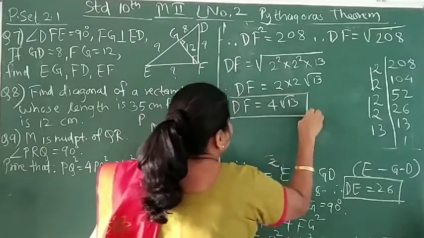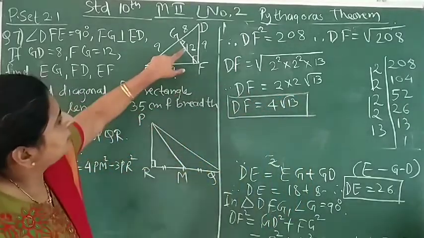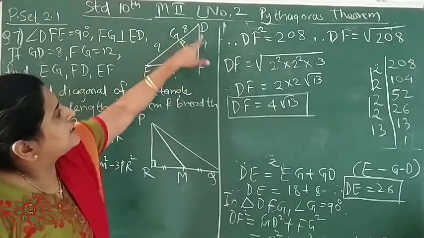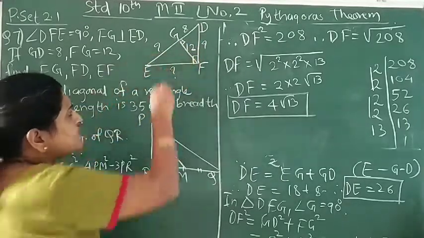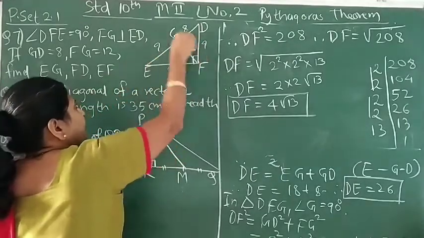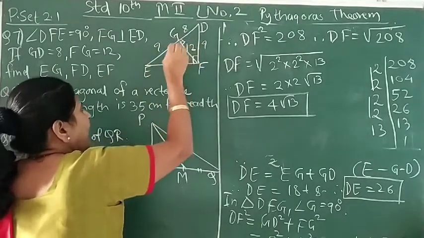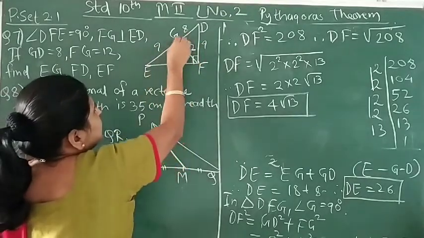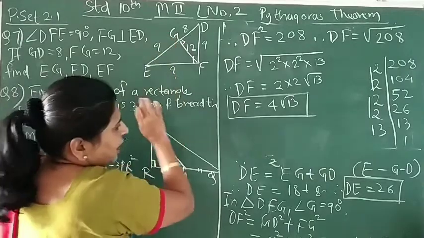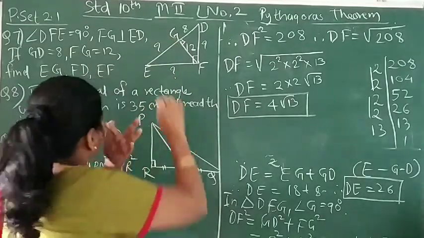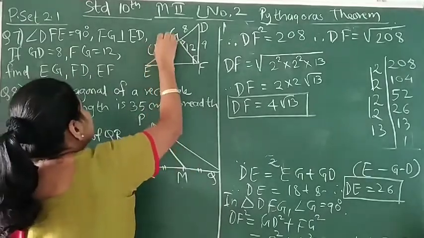Okay. Now, with the help of the Pythagoras theorem we have found this. Now in this triangle also, EFG, we can use 12, and do we know EG? Yes, EG we know, we have got it as 18. Okay, so we have got this answer 18.